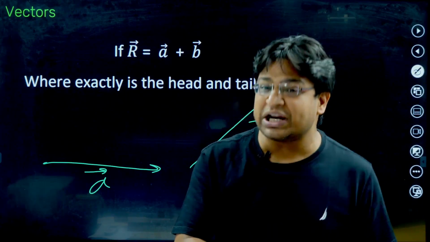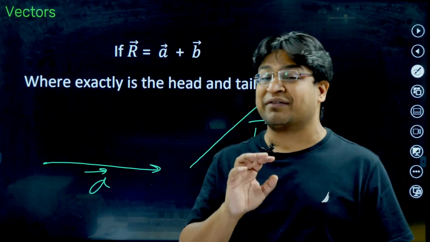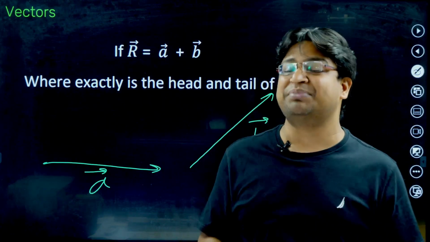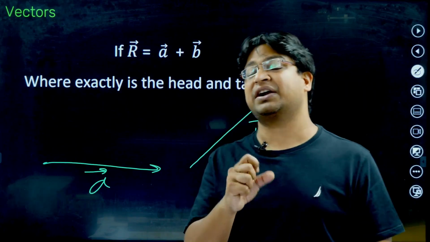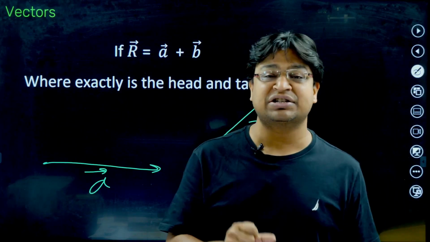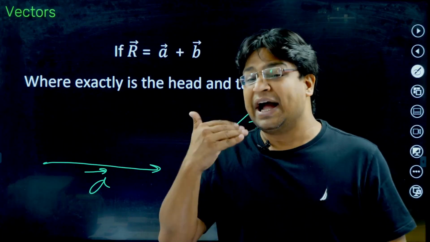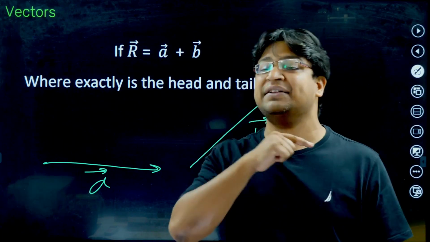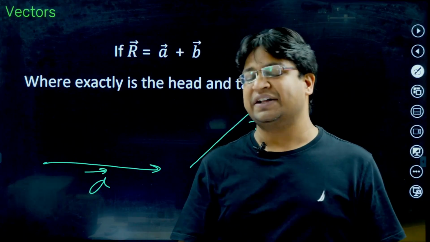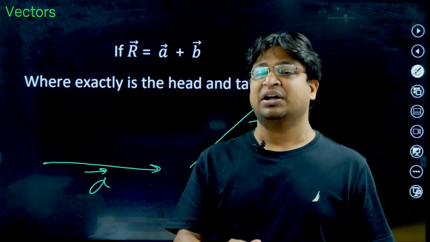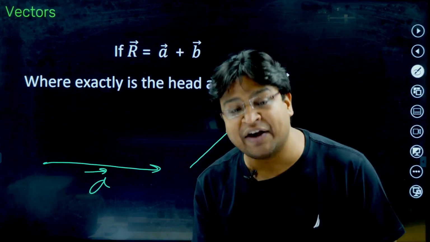Now that I know that I'm going to get a vector result, I must ask myself how long that vector will be and in which direction that vector will point. In other words, I need to identify the arrow that can represent the resultant vector.